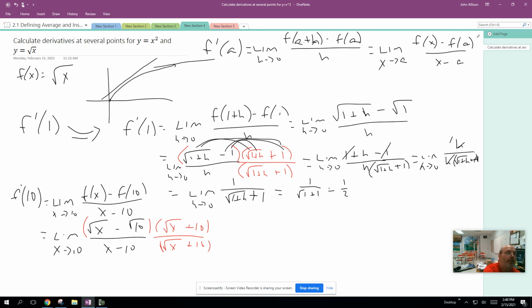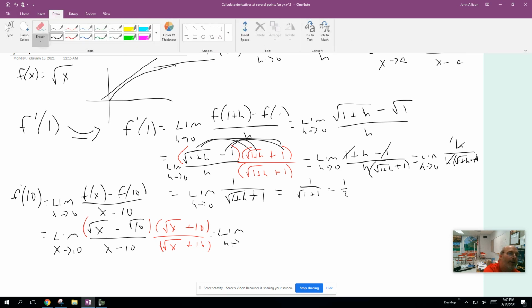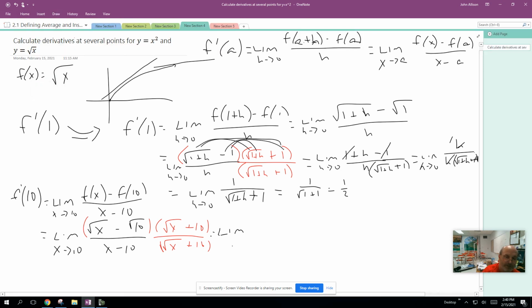We're going to end up with the limit as x goes to 10 of, we multiply the square root of x times the square root of x, we get x. We multiply the square root of x times the square root of 10, and that should be the square root of 10.